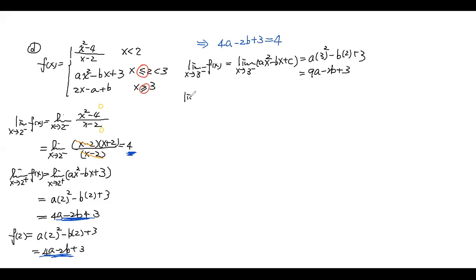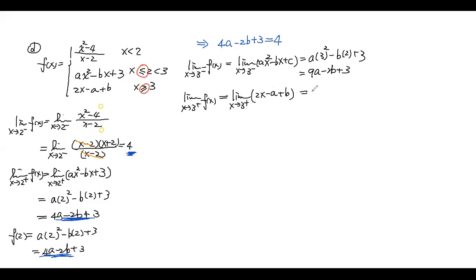So now I go to the limit from the right-hand side. f of x is greater than, so I go to the third equation. So this is the limit as x approaches 3 of 2x minus a plus b, right?